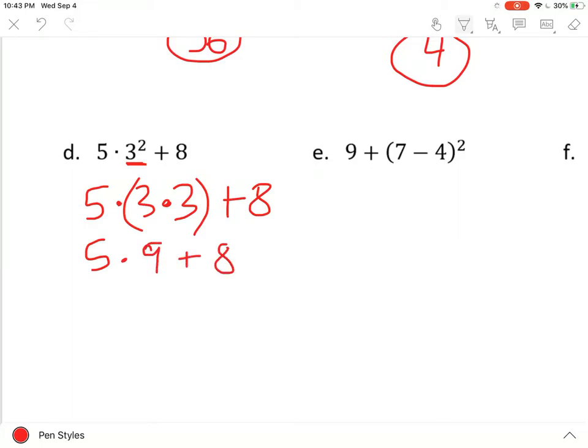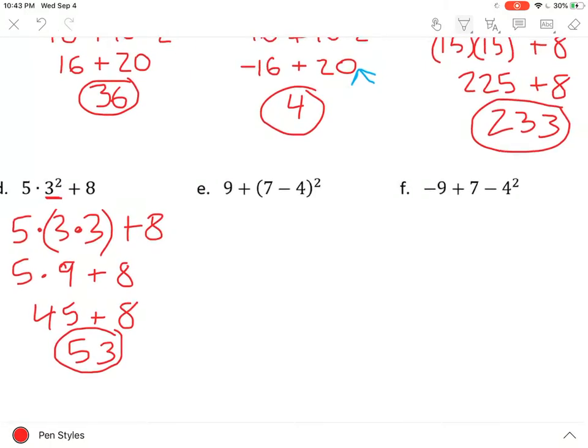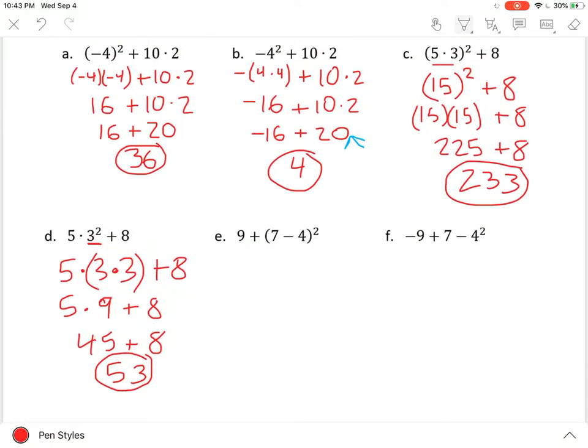There we go. 5 times 9 is 45 plus 8. Sorry, that plus sign looks a little funky. And 45 plus 8 is, of course, 53. So big difference between D and C, right? Big difference because of that set of parentheses.